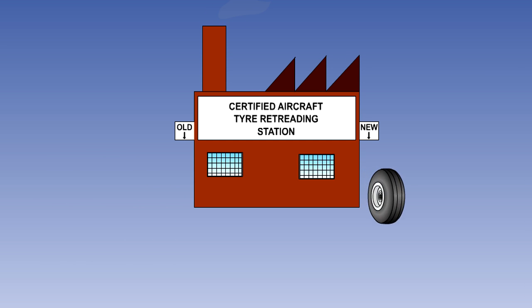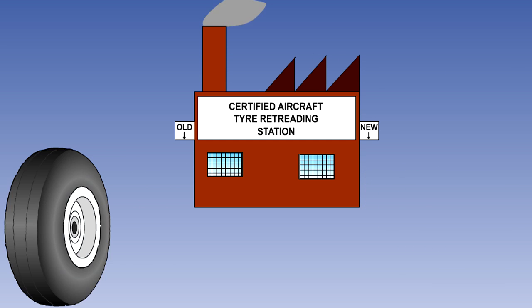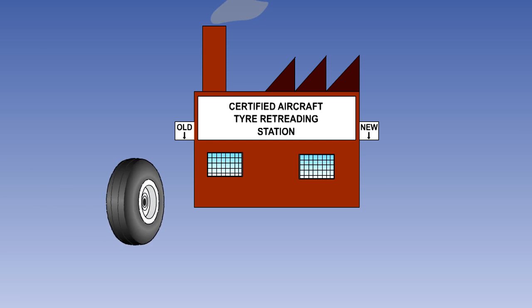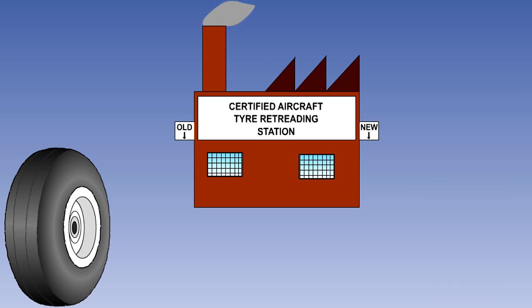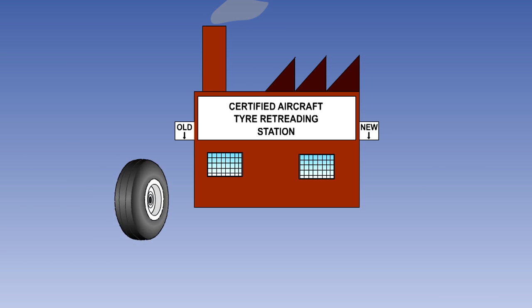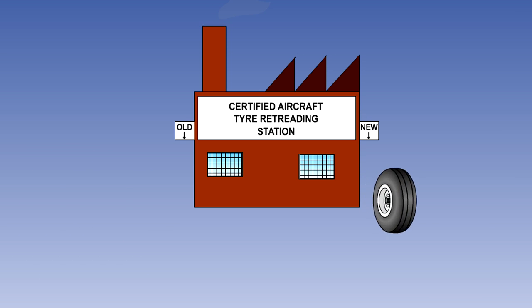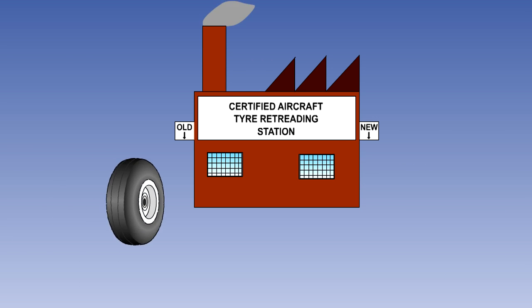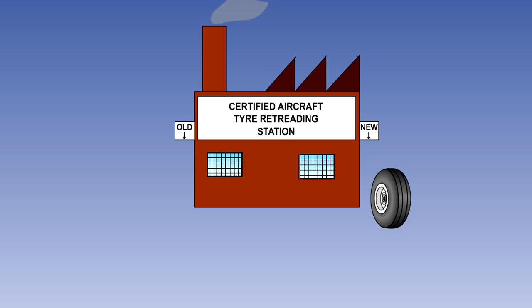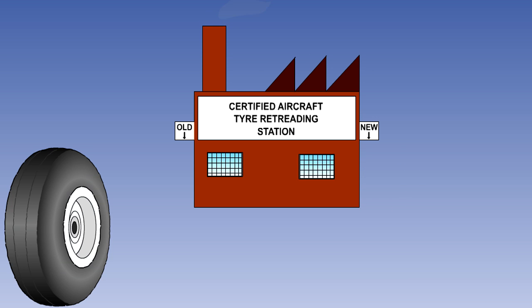Tyres can be retreaded or repaired for continued service at a cost much lower than that of a new tyre. EASA regulations require retreading and/or repairing of aircraft tyres to be performed in certified retread and repair stations by or under the responsibility of qualified and certified technicians.